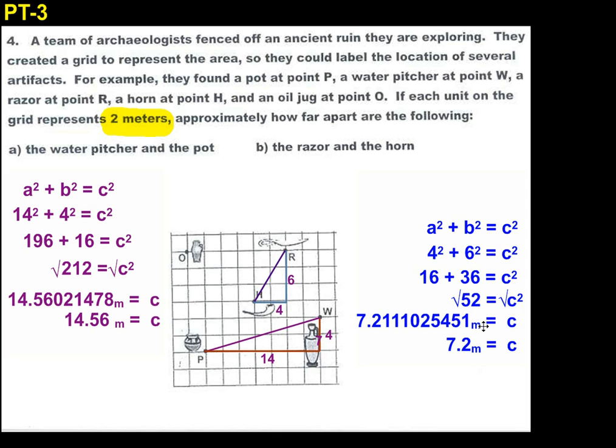So we have c equals a full calculator display of 7.2111025751. And we can say that the distance between the razor and the horn is approximately 7.2, or you could say 7.21 meters in distance.